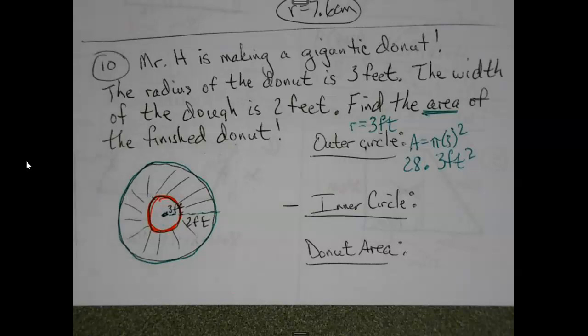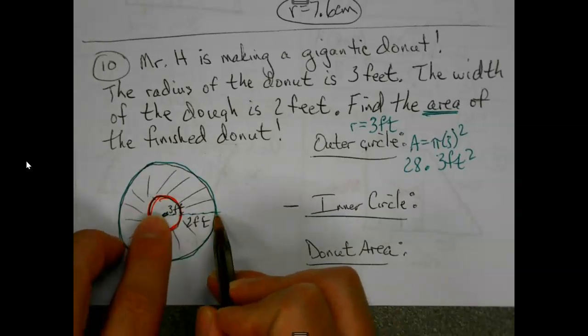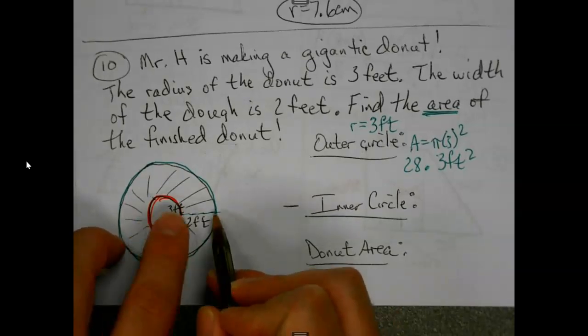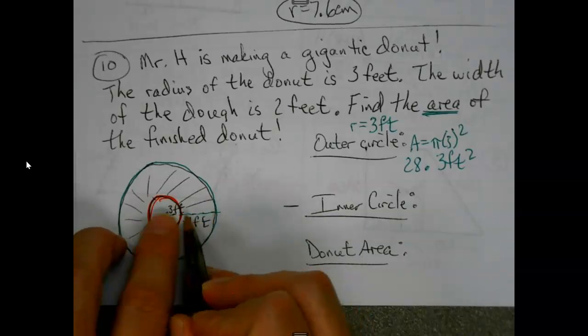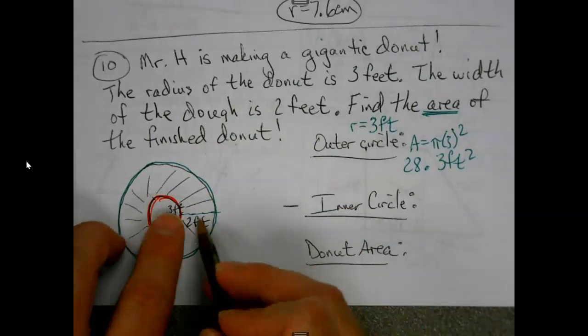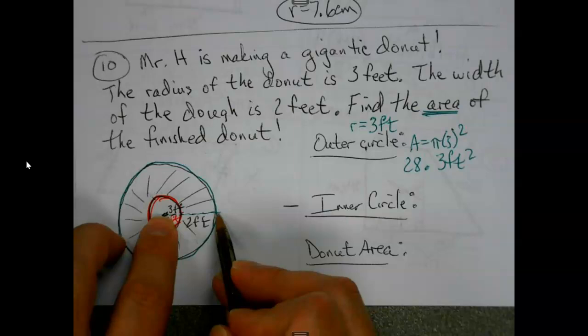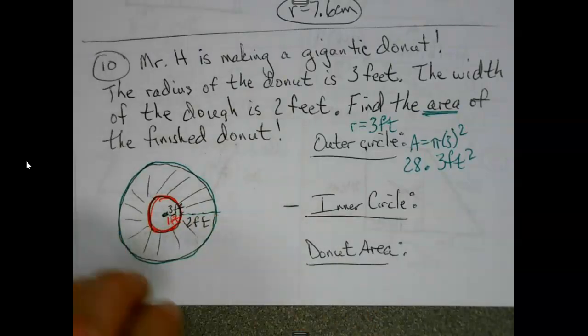How'd you get that? Absolutely. If it's 3 all the way from the center to the outside, and the dough part out here is 2, that leaves me 1 foot left in here.